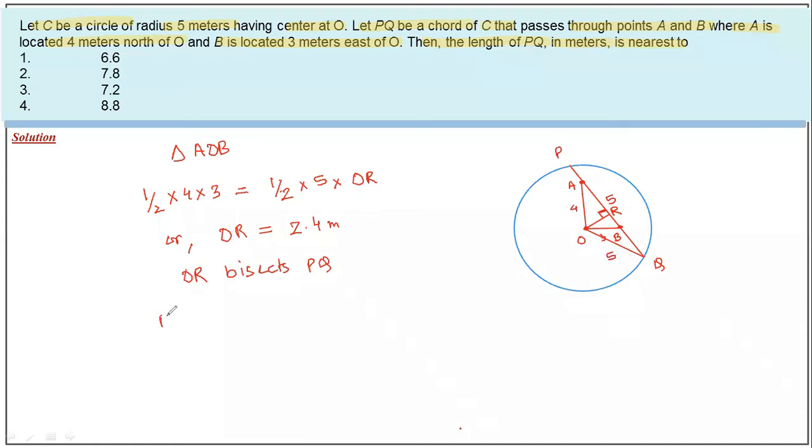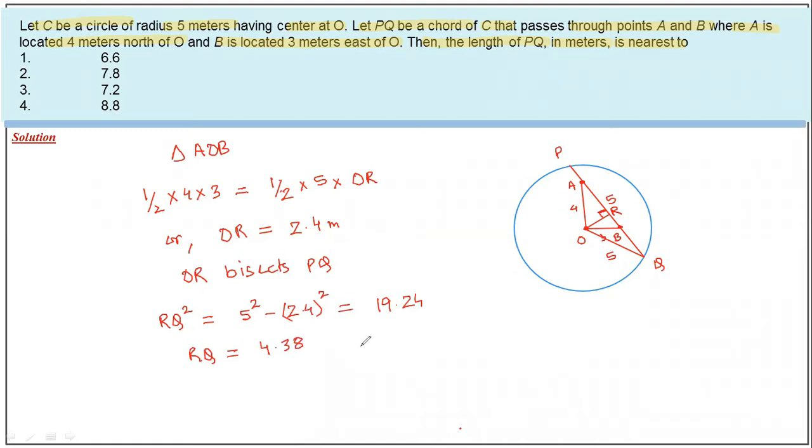So what we have is RQ square, that is equal to 5 square minus 2.4 square. So this we get as 19.24. So RQ becomes equal to 4.38.